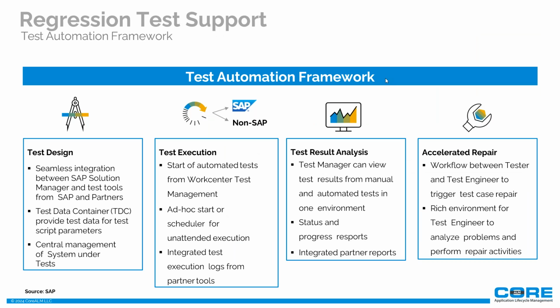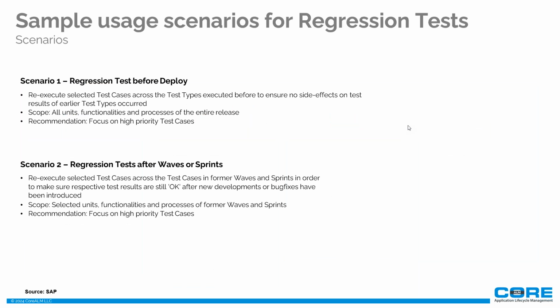Right. On test automation, let me go into a little more detail on the test automation framework. Solution Manager has a test automation framework where you can execute automated test cases, whether with standard tools supported by SAP, which is CBTA, or with an external tool like Tricentis and so on that connects to Solution Manager and runs the automated testing.